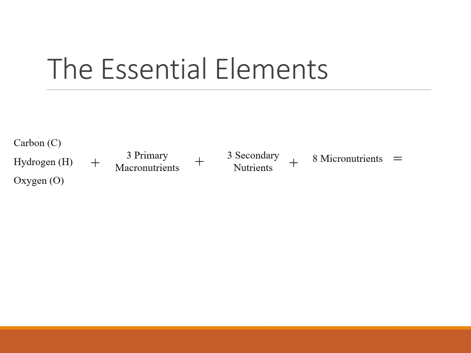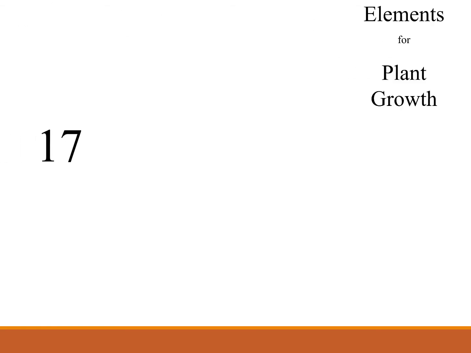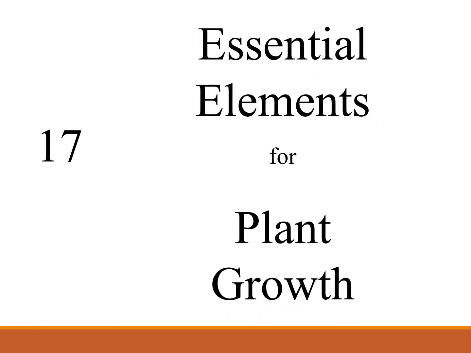And then we have the 8 micronutrients that we just went over. If you add up 3 plus 3 plus 3, that's 9, plus 8, so there's a total of 17 essential elements for plant growth.